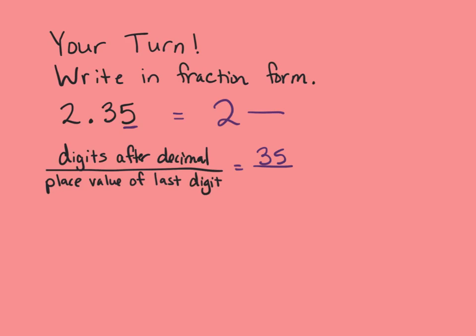Well, that digit 5 is in the hundredths place. And then see if it could reduce. You might notice that 35 and 100 both end in 5s and 0s, which means that these numbers will both divide by 5. 35 divided by 5 is 7, and 100 divided by 5 is 20. So we have 2 and 7/20.